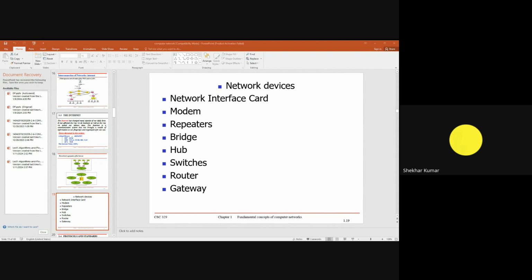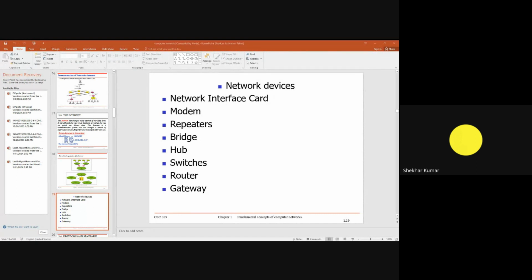They perform all the functions of routers. You can also say that a router with added translation functionality is called a gateway. If the router has more added translation functionality, then it is called a gateway.